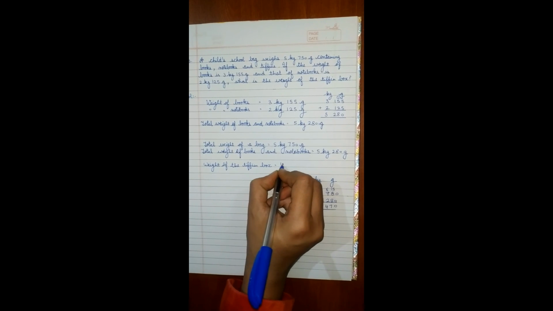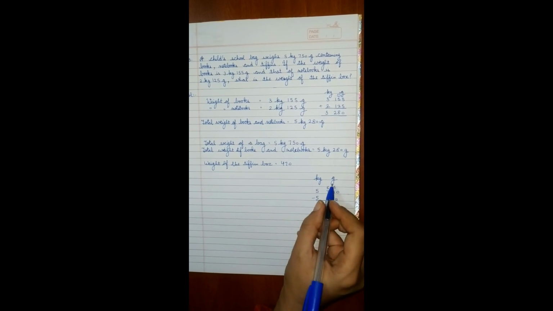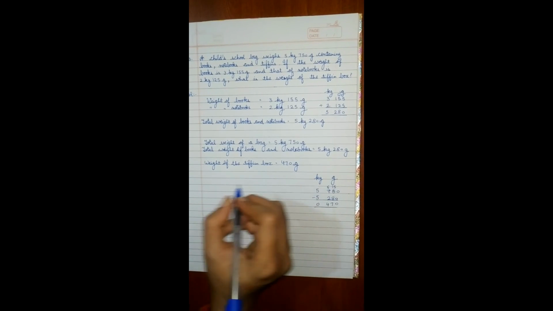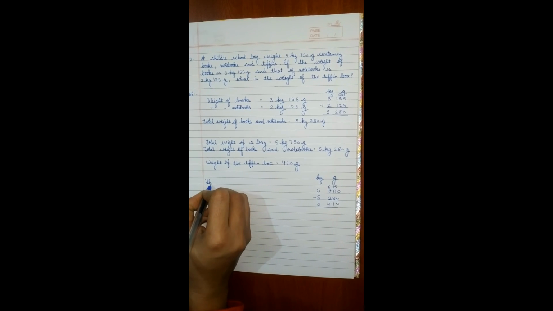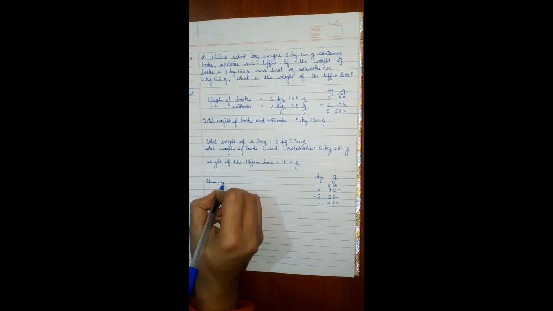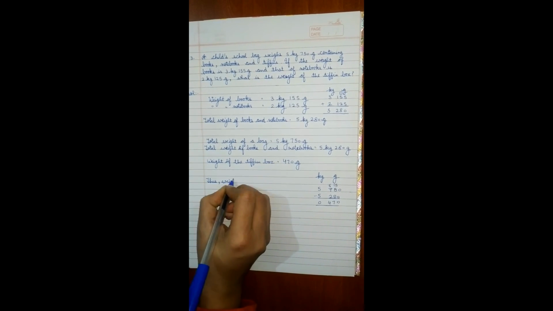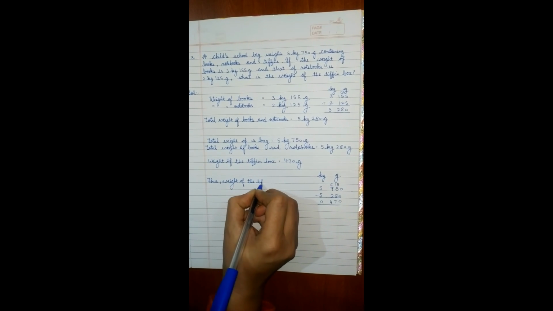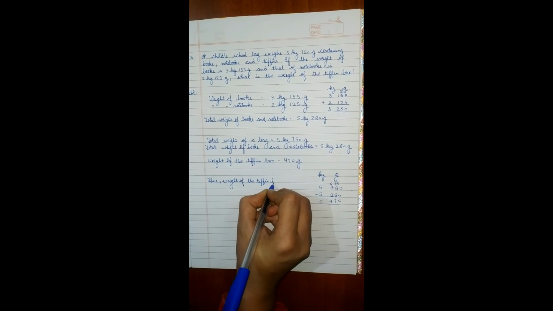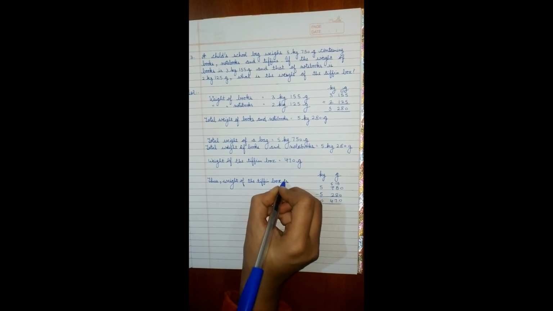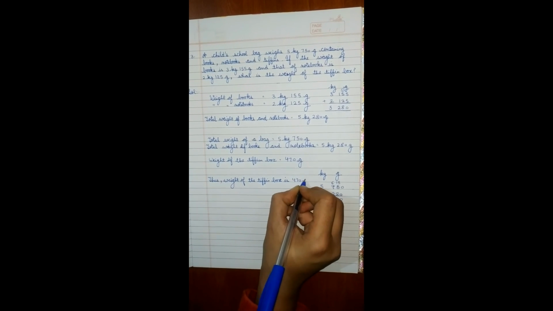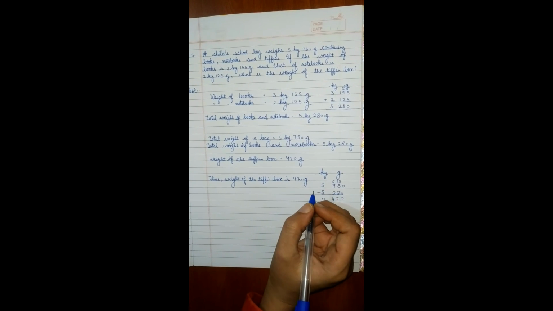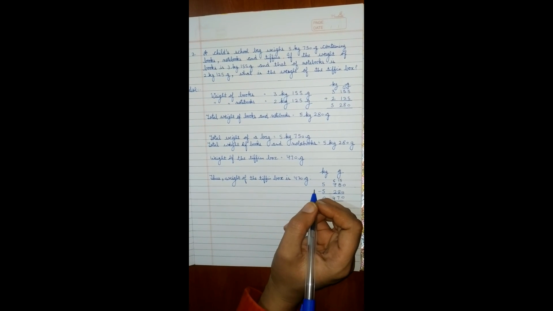So you can see here it's only 470 gram. So you will write here, thus the weight of the tiffin box is 470 gram. Keep practicing. Thank you so much.